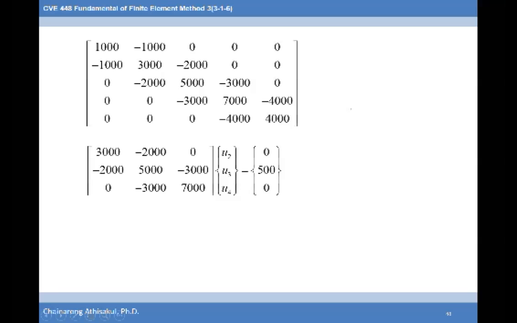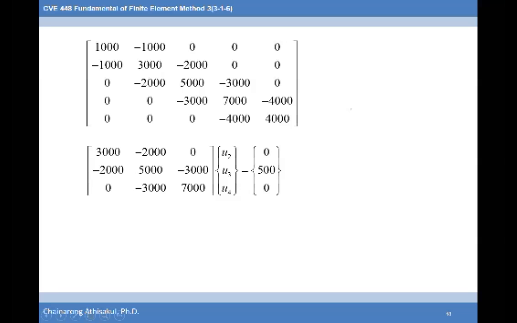I will ask you to input this matrix into MATLAB and find the inverse of this matrix, and report to me on Thursday what happened when you try to find the determinant or the inverse of this matrix. What happens?